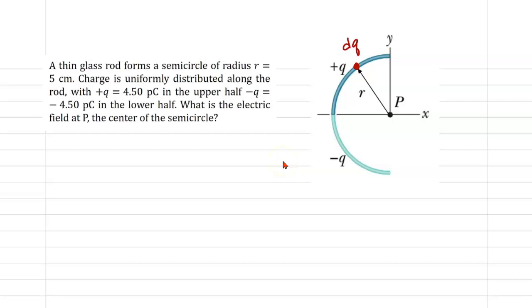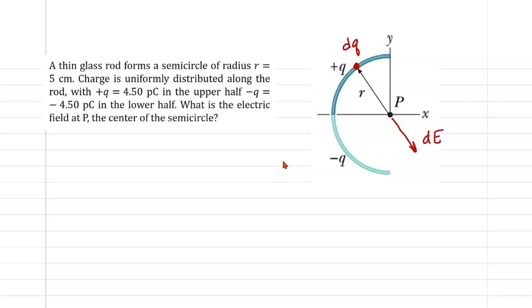Now we're gonna make a little use of the symmetry involved. If you notice, this little charge dq will make a small little electric field that points away, since it's assumed to be positive. That would be dE.